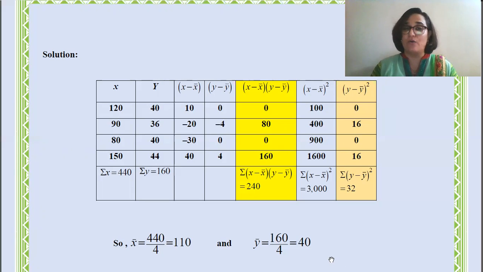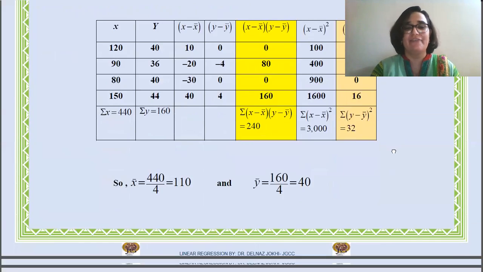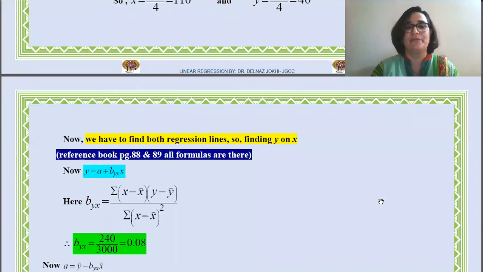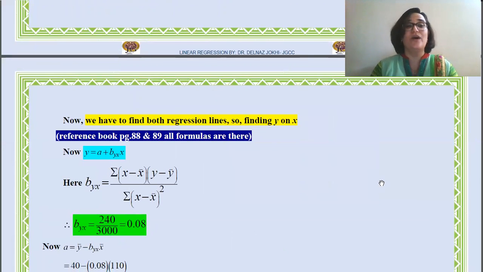Great. Now, what did I tell you? When your x bar and your y bar are integers, right? Okay, पूर्णांक कीमत से, तो आप कौन सा फॉर्मूला यूज करोगे? आप ये वाला फॉर्मूला यूज करोगे. देखो आप सबको पता है. हाँ देखो, ब्लू हाईलाइट देखो, आपकी रेफरेंस बुक में अगर देखना चाहते हो तो पेज नंबर 88 और 89 पे सारे फॉर्मूलाज जो मैंने क्लास में डिस्कस किए थे वो है, और ये फॉर्मूला byx का वहीं से आया है.